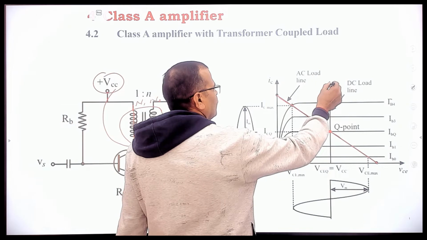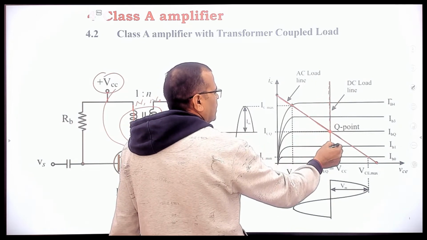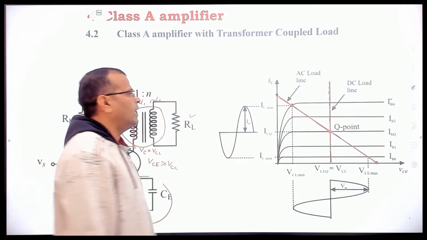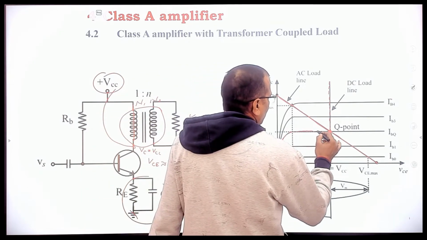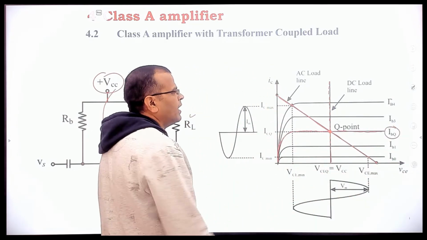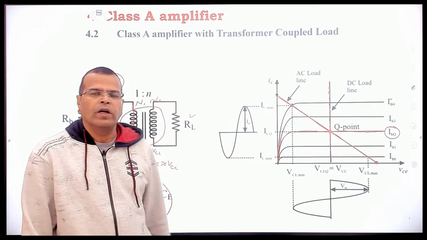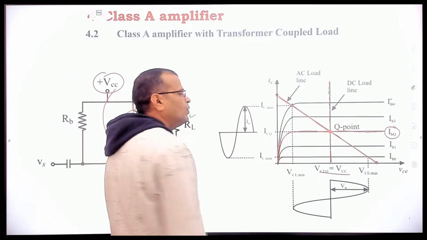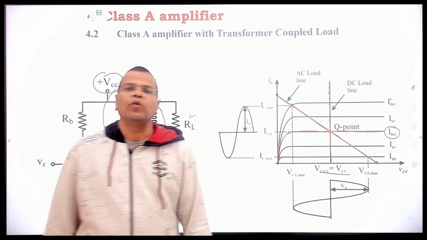Therefore, the voltage VCE is not affected by the collector current, and it is equal to VCC. The intersection of this load line with the characteristic of BJT, for the base current at Q point, is known as the Q point. You should remember the voltage VCE at Q point, VCEQ, is equal to VCC.